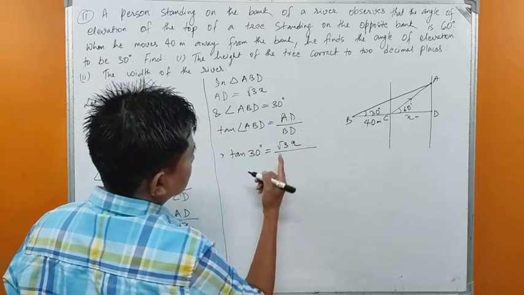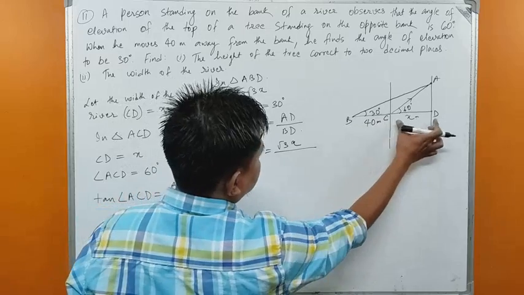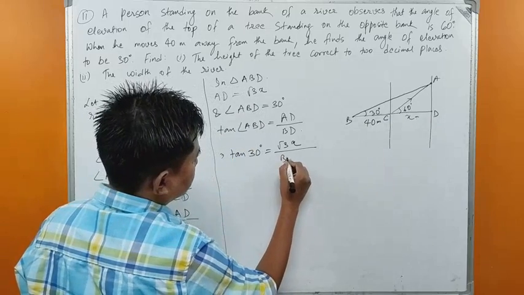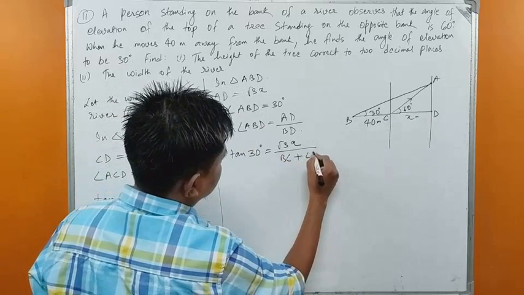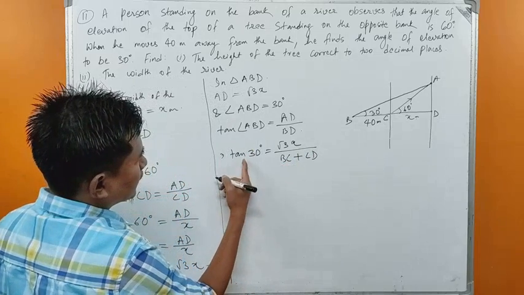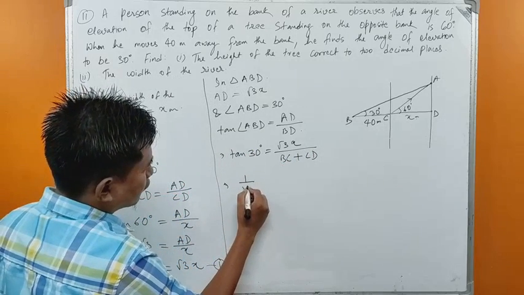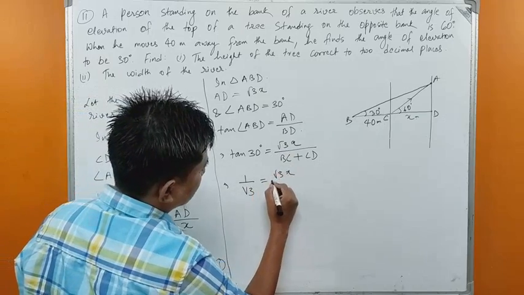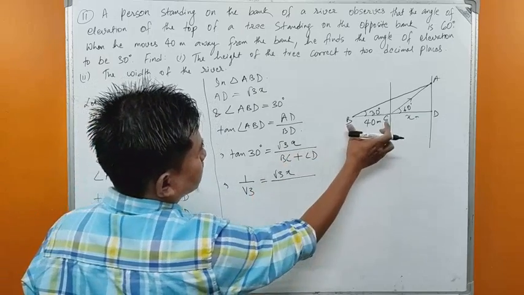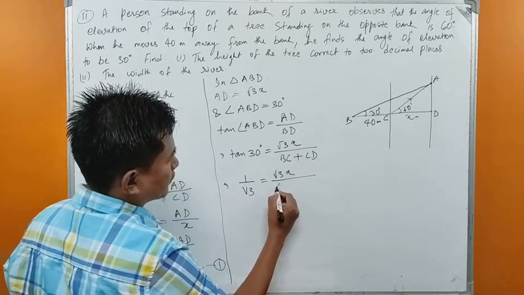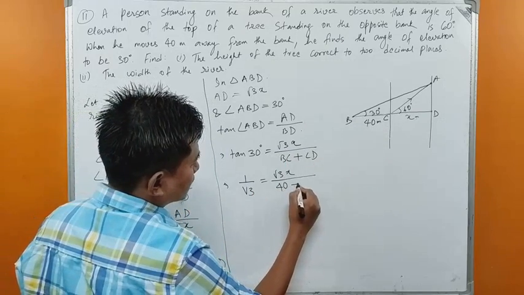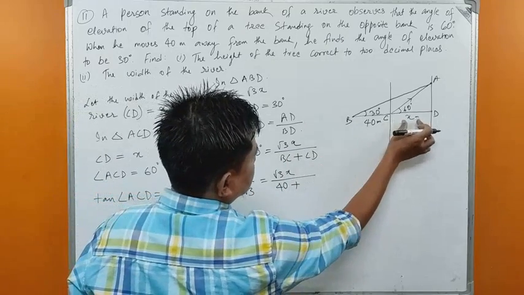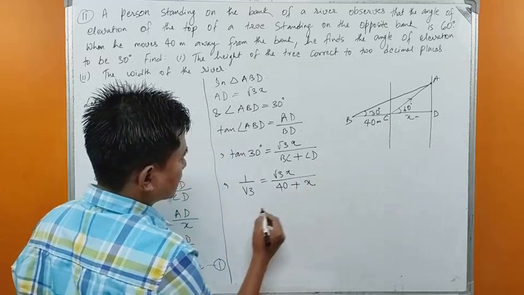BD means BC plus CD, isn't it? So tan 30 degrees means 1 upon root 3 equals root 3x upon BC plus CD. BC is given to us as 40 meters, plus CD. CD is assumed as x, isn't it?